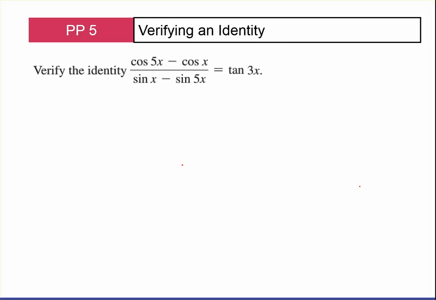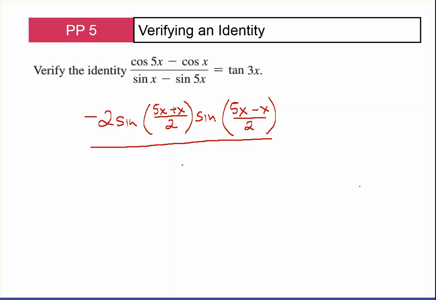All right, for those waiting for me, let's go for it. Again, make sure you're looking at the formulas. You should have a formula sheet next to you so you can go through it. So cosine minus cosine, that is formula number 2. So that's negative 2 sine of the addition of the angles divided by 2, times sine of the subtraction of the angles. So that's 5x minus x divided by 2.